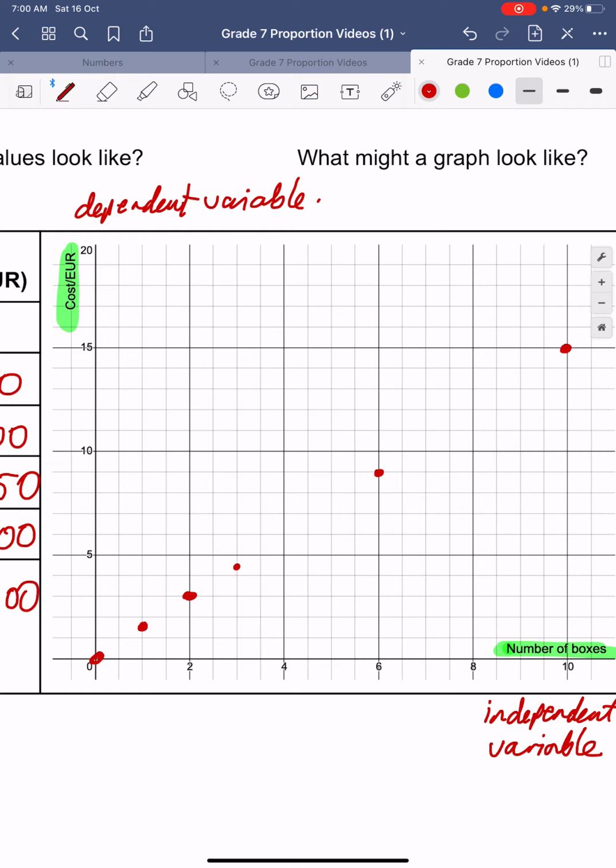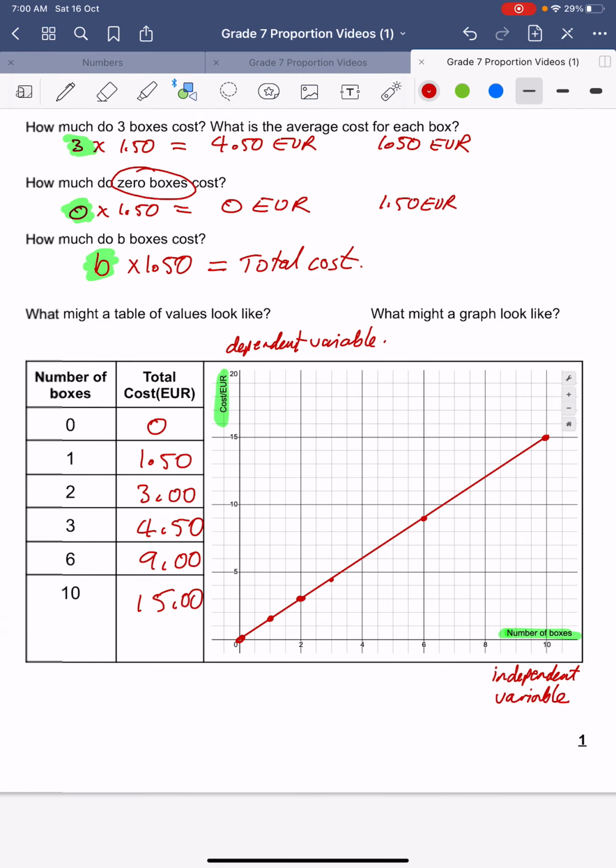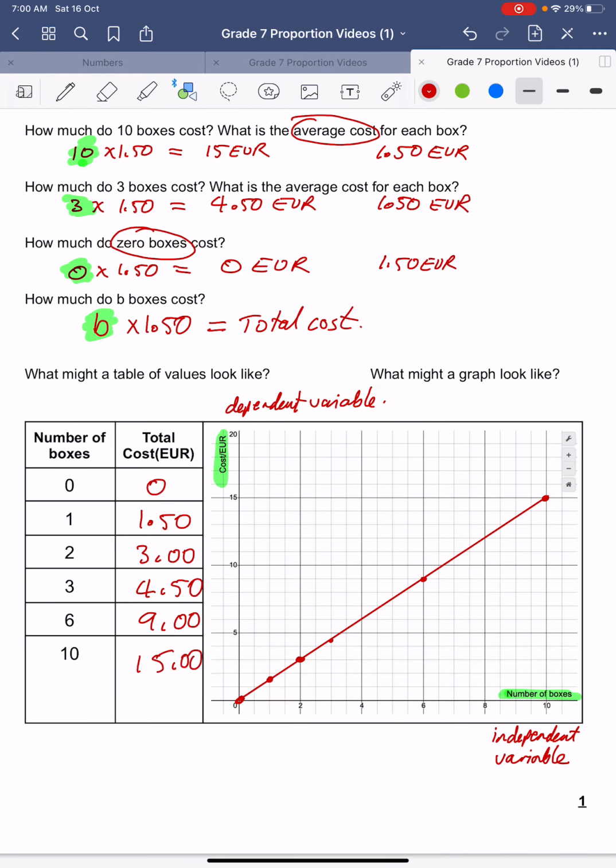And if you want to be super technical, we would maybe join that up with a dashed line, because we can't really buy 4.3 boxes, but we'll just fill it up with a full straight line like that. And there we go, there's the picture of the table of values and the graph.